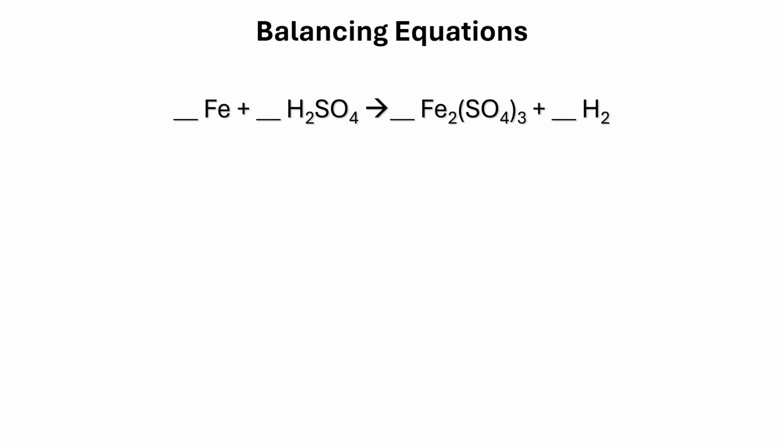This chemical equation has a polyatomic ion in it. We have already talked about polyatomic ions when we were discussing chemical formulas. When you have a polyatomic ion, if it is the same on the reactant side and product side, we can use that polyatomic ion as one group to balance the chemical equation.